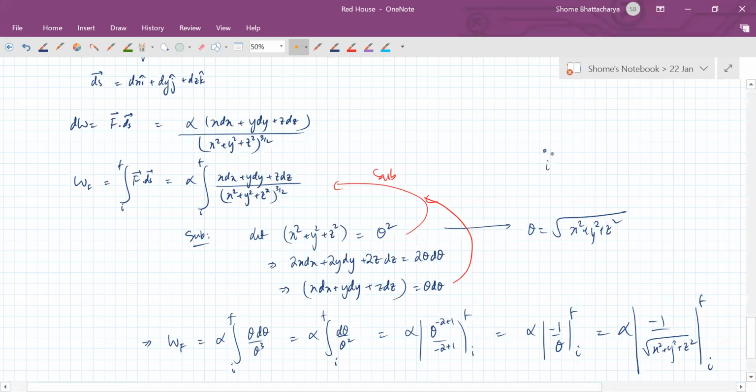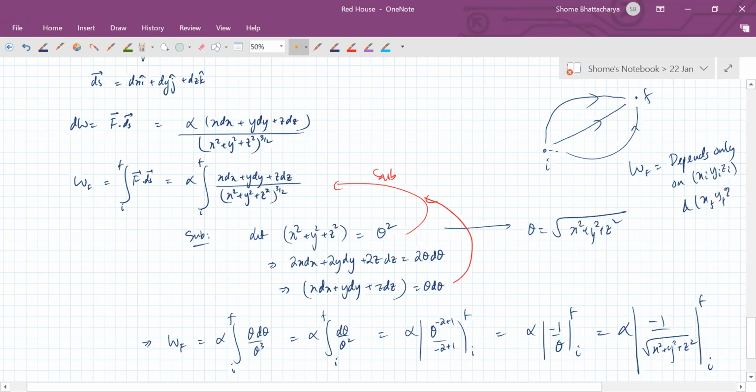I can go from some initial position to some final position by many different paths, but every time I'll get the work done the same, because it will only depend on the initial coordinates and the final coordinates. The work done by F will depend only on the coordinates. It is path independent.